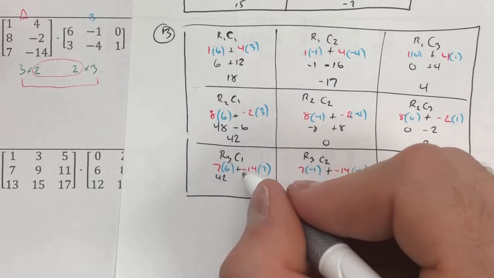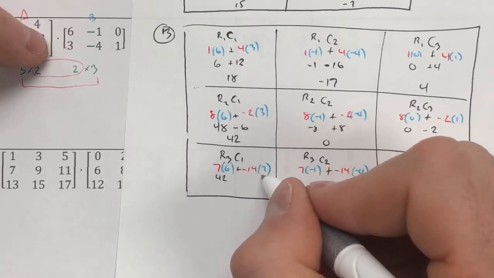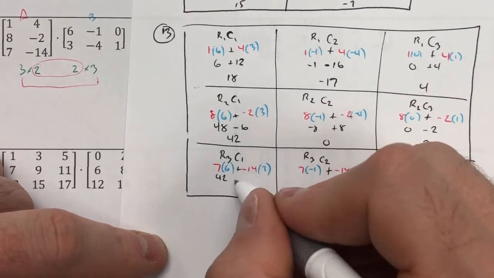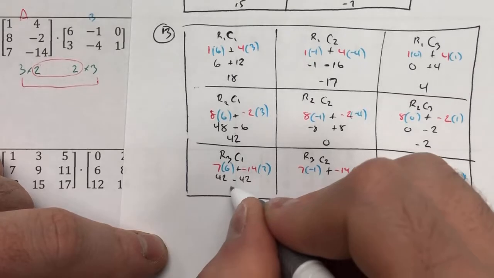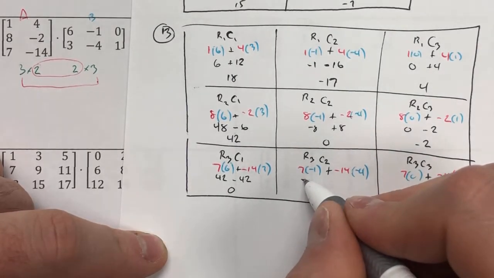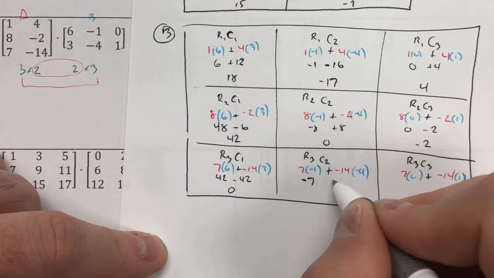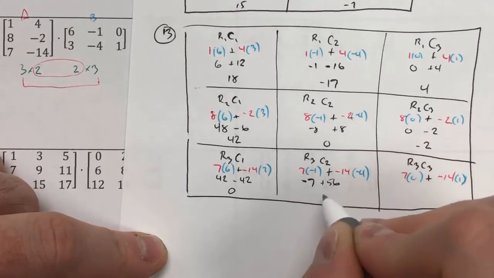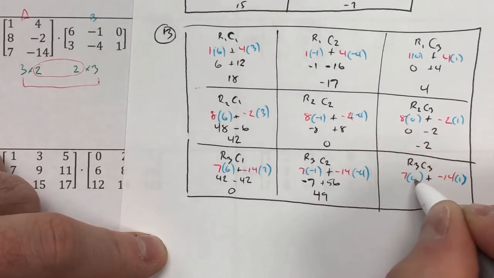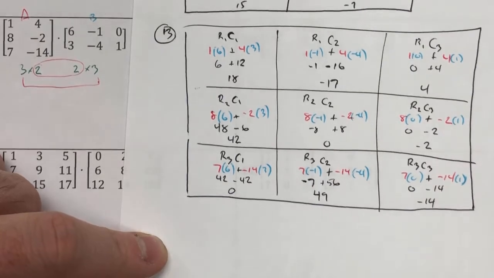Let's see, row 3, 7 and negative 14. Column 1, 6 and a 3. So 14 times 3, that's going to be 42. Negative 7, that's going to be 56. Zero minus 14, negative 14.